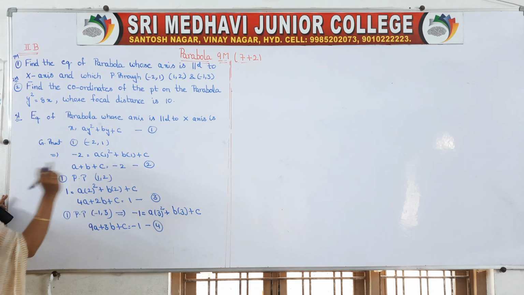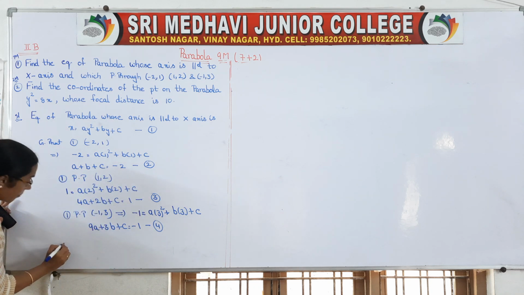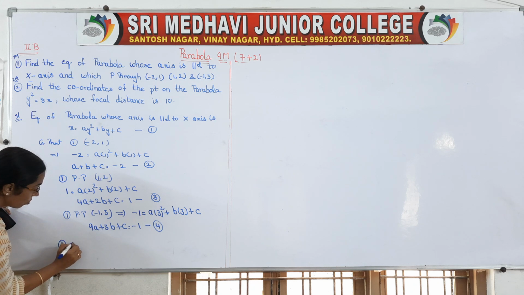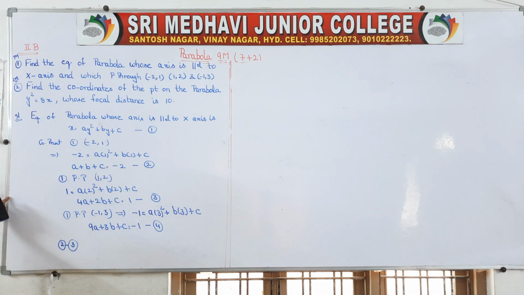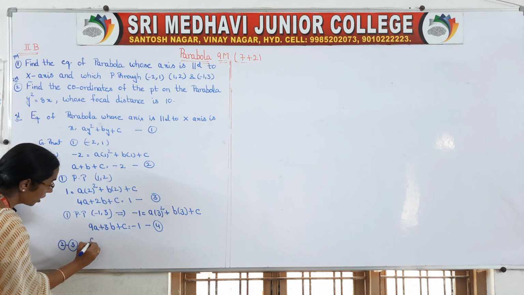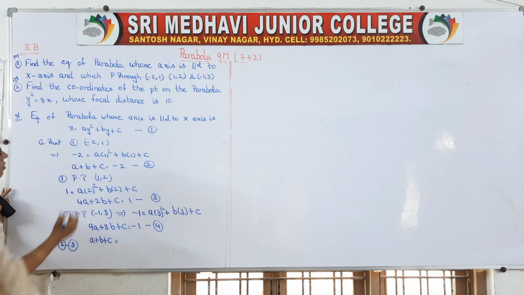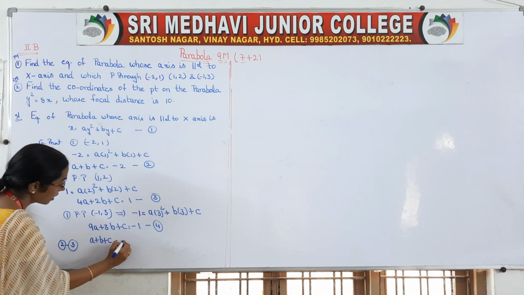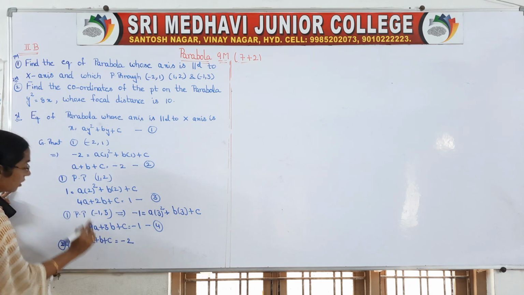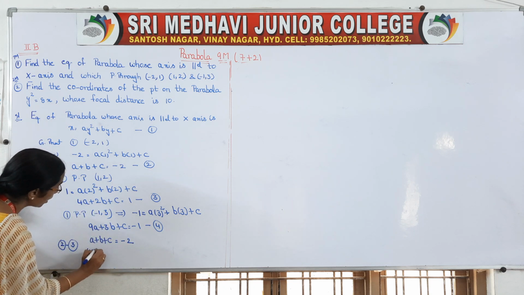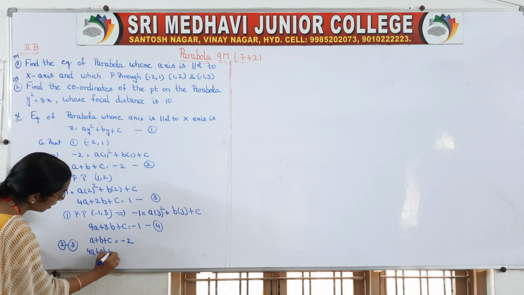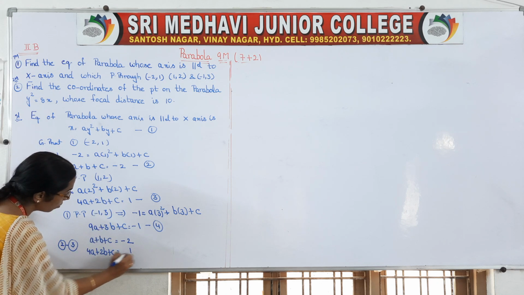So first we will take 2 and 3, right? We will take 2 minus 3. So what is your 2? It is a plus b plus c is equal to minus 2, and the third equation is 4a plus 2b plus c is equal to 1.